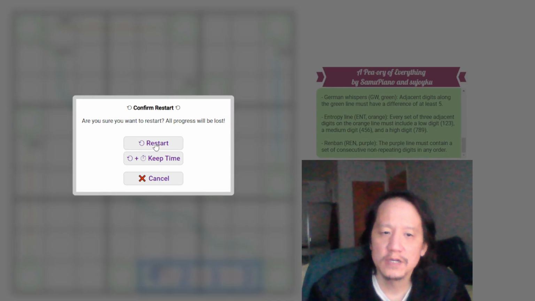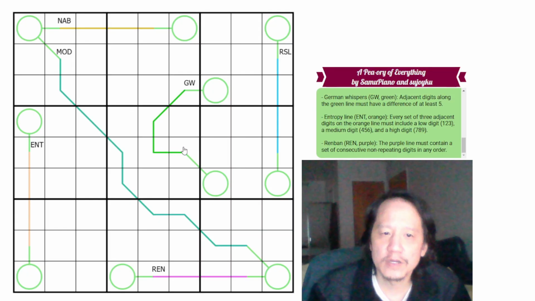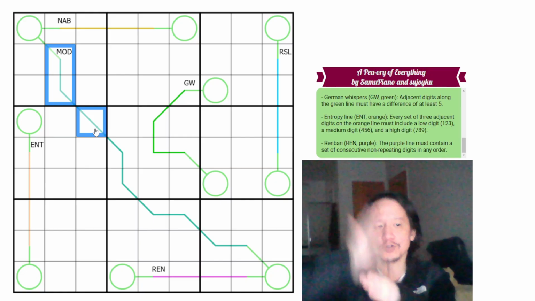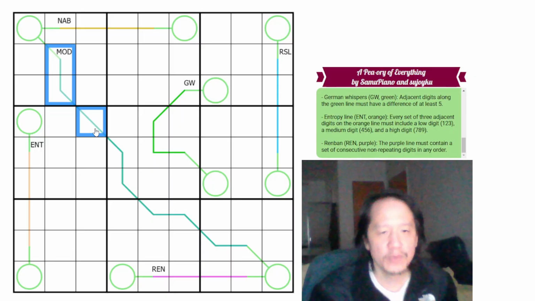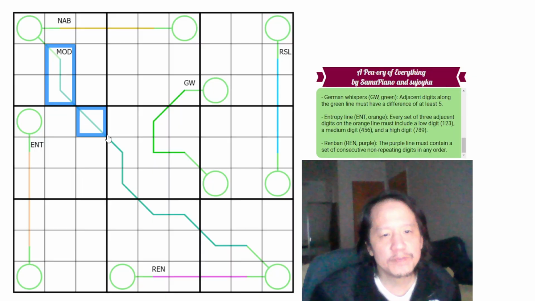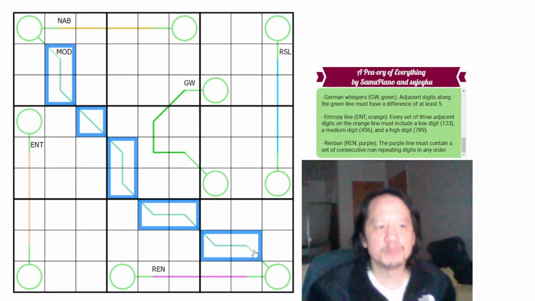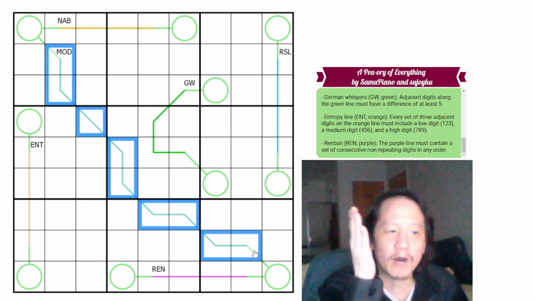Let's go. Okay, so for this modular line, every 3 sets contains one from modulo 0, one from modulo 1, one from modulo 2. So this is a set of 3, this is a set of 3, and this is a set of 3, which means we know it's always mod 0.